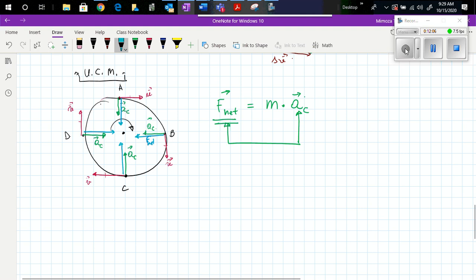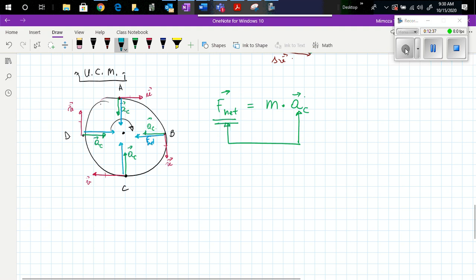Again, the uniqueness of this motion stands in the fact that the velocity changes direction continuously and the acceleration changes direction continuously, but the magnitude of the velocity and the acceleration stays constant as the object is moving in the circle.